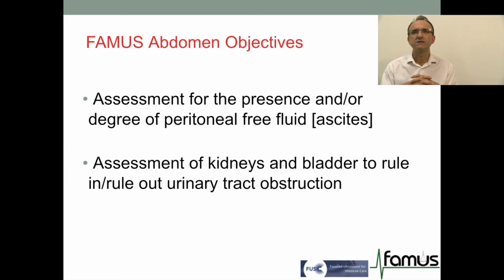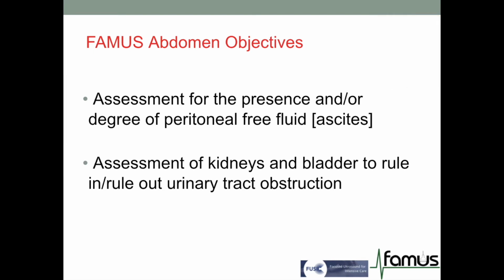And the second is the presence and degree of hydronephrosis in the patient with an acute kidney injury, to identify an obstructive cause, so a surgical cause, against a medical cause of acute kidney injury.